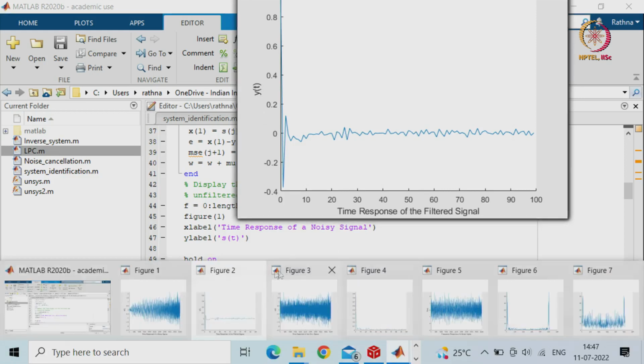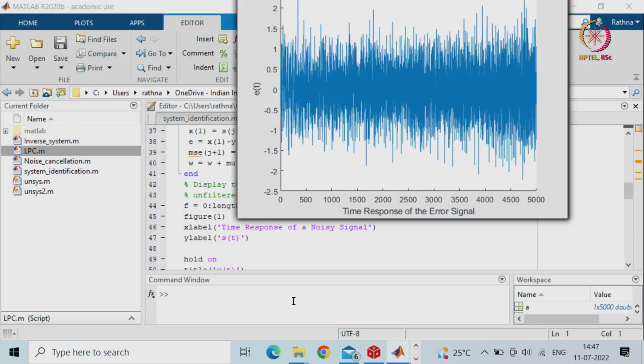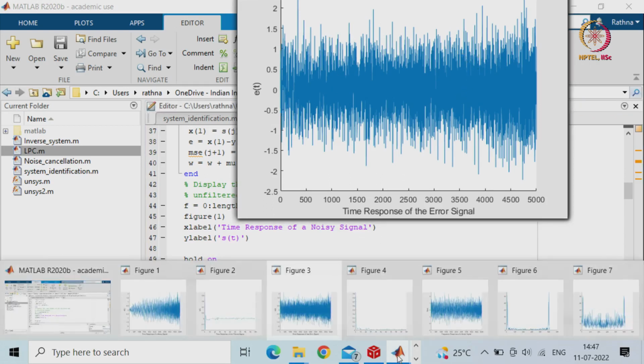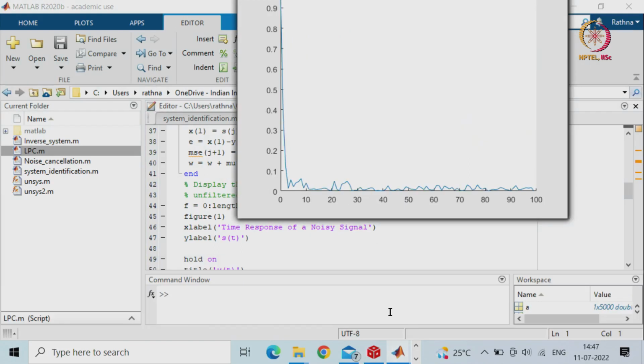Figure 3 represents the time response of the error signal, that is E of t, random white noise. And the next figure shows how the error signal is reduced.